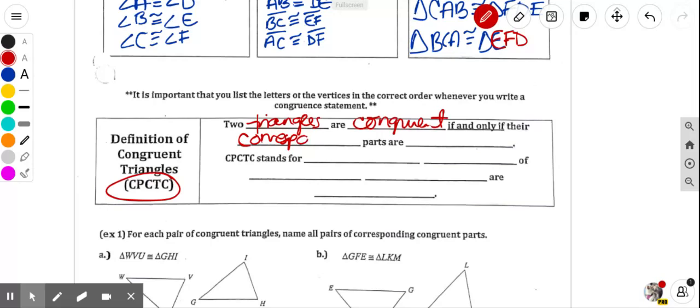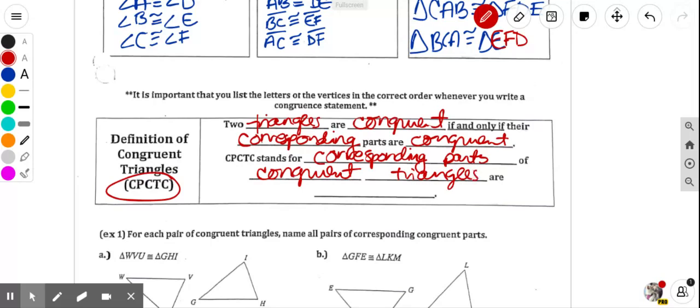Whoops, I forgot the S. CPCTC stands for corresponding parts of congruent triangles are congruent.